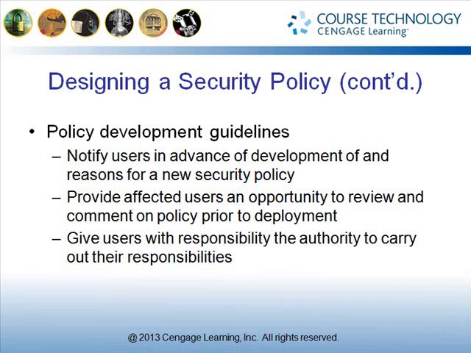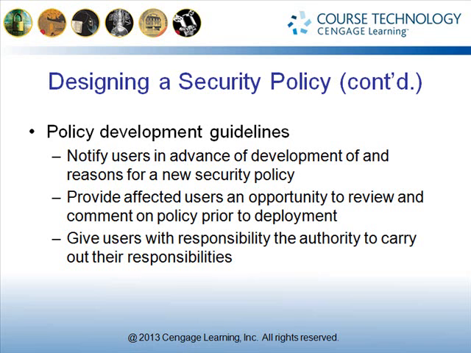Now, many organizations follow guidelines when they develop a policy. These guidelines include notifying users in advance when a new policy is being developed, and they explain why the policy is needed, certainly. They provide a sample of people affected by the policy to give them an opportunity to review and comment on the policy.